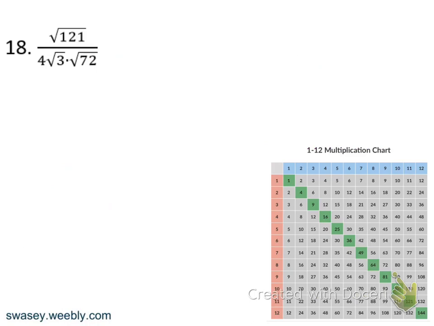On the top, we can simplify that. Square root of 121, that's 11. All right, in the denominator, we saw the square root of 72 already and saw that it was square root of 36 times 2.